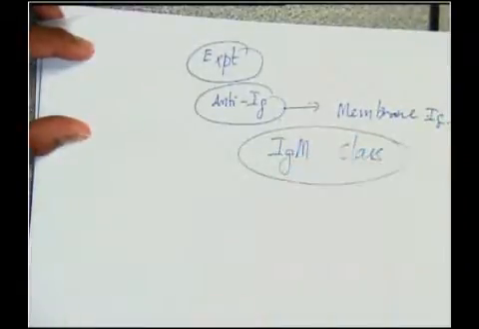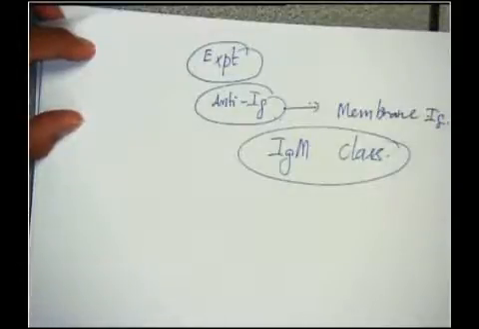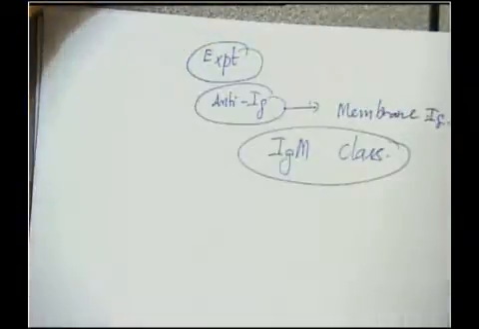I want to recollect what we studied before: IgG, IgD, IgE, IgM, the different types of immunoglobulin molecules in our system, in our blood. We have studied in an earlier class what types of immunoglobulin we have. So the earlier experiment revealed the membrane part, which I mentioned in another slide.